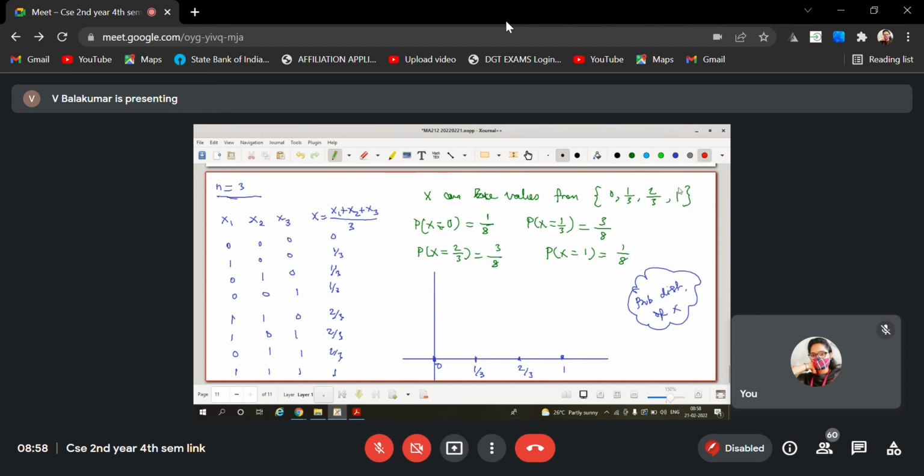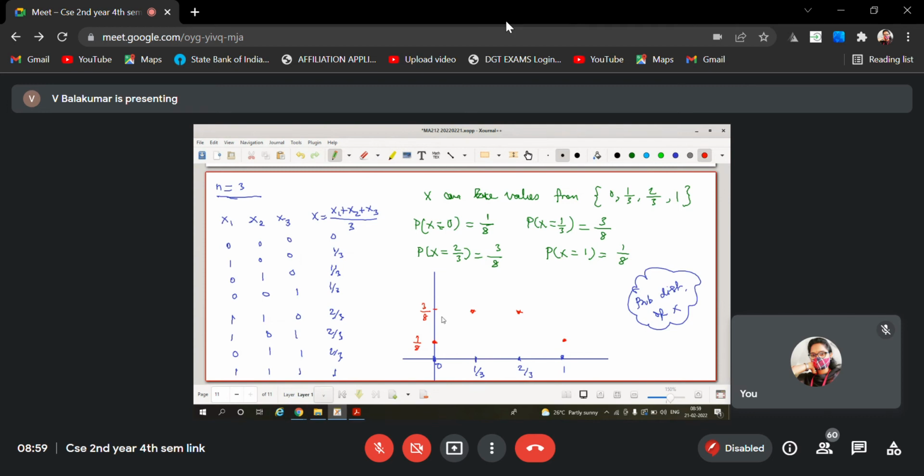The probabilities, if you want to mark, are 1 by 8, and this is also 1 by 8, then 3 by 8. That's it.